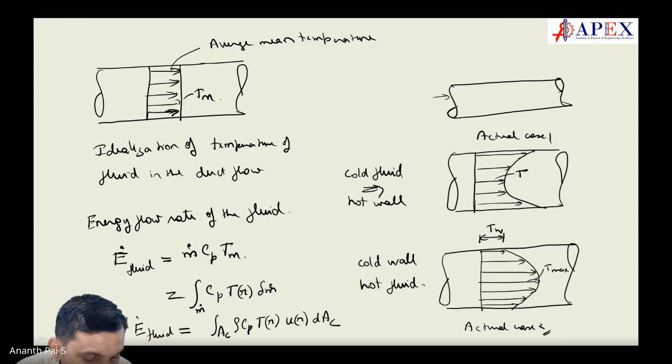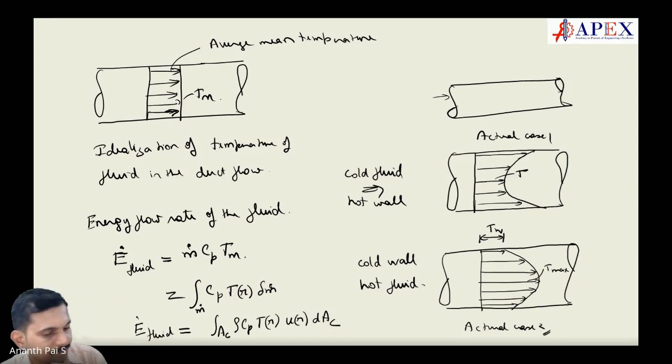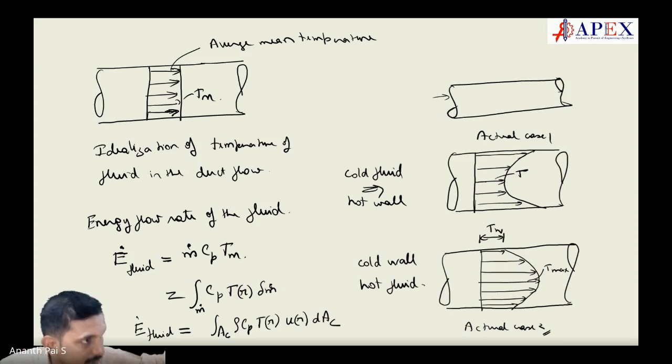This mean temperature is very important, and with respect to this mean temperature only, we see everything. It is also called bulk mean fluid temperature, that is, you take the whole fluid as one bulk.